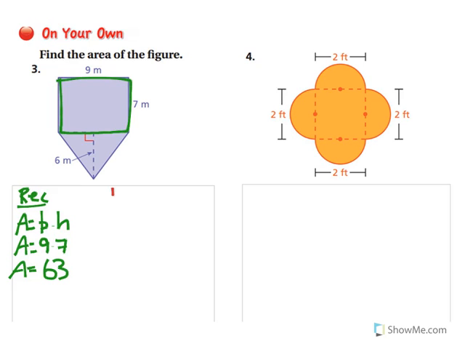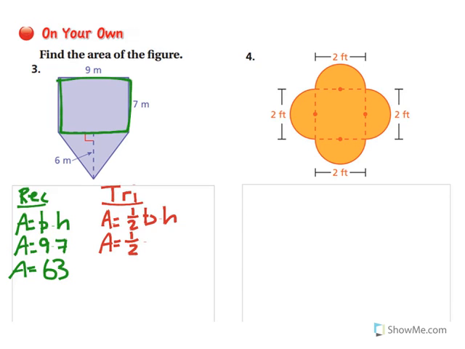Then we have our triangle. So for the triangle, we do area equals 1/2 base times height. So I have 1/2 times, and again I have to look for the right angle where it meets the base.